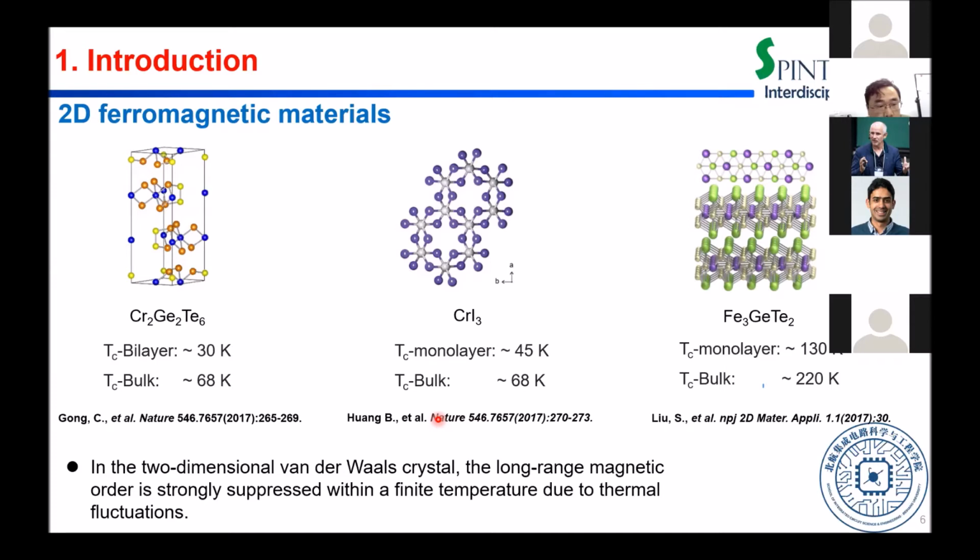One is chromium germanium telluride, one is chromium iodide, and one is iron germanium telluride. All these materials are intrinsic, and iron germanium telluride has almost the highest Curie temperature, 220 Kelvin, close to room temperature. And this material has recently attracted a lot of attention.